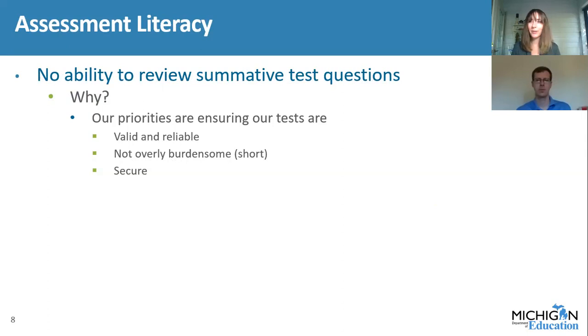We need to make sure that our tests are not overly burdensome for students, that they are as short as possible without compromising anything else in terms of what it is that we're trying to assess for our students. And we also need to make sure that our tests are secure. So these are the things that we're really trying to prioritize by not allowing for a release of summative test questions to the public.